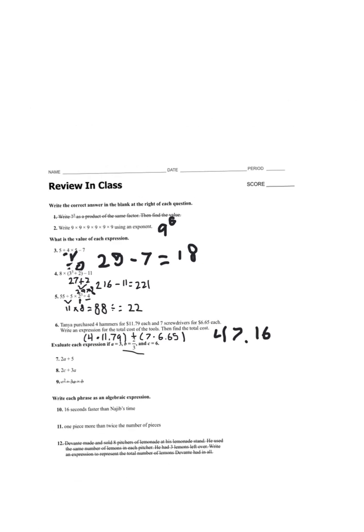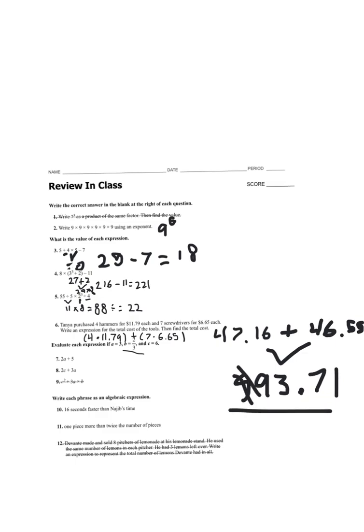And then the second parentheses was 7 times 6.65, that equals $46.55. Combined, they equal $93.71 for all the tools.